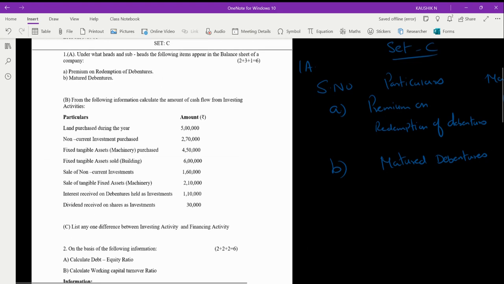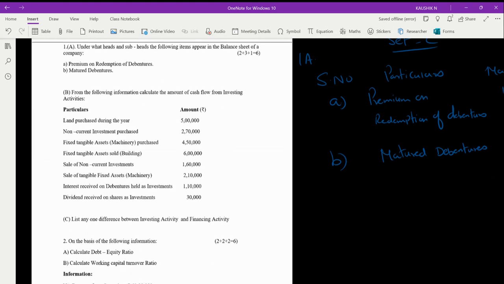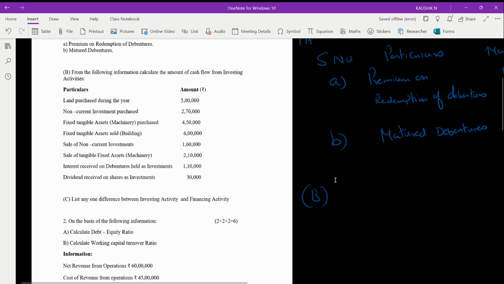Moving on to question number two, from the following information, that is this B. Okay, 1A you have done. This is 1B. From the following information, calculate the amount of cash flow from investing activity. So they are only asking you to do cash flow from investing activity.